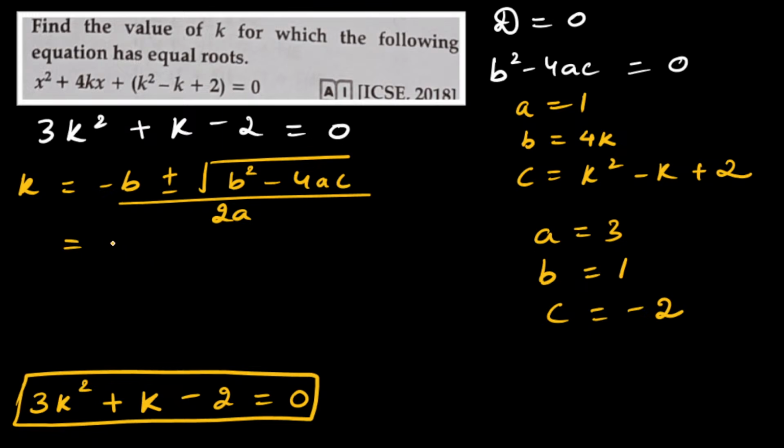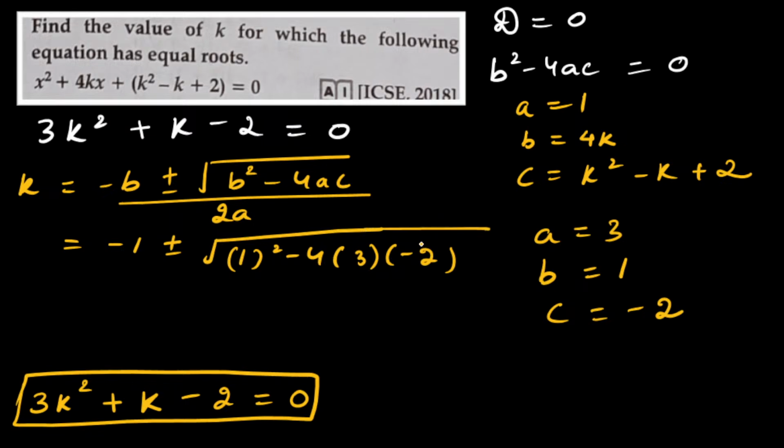by 2a. B is 1, so minus 1 plus minus square root of b square means 1 square minus 4 into a, a is 3, into minus 2, by 2a. 2a means 2 into 3.